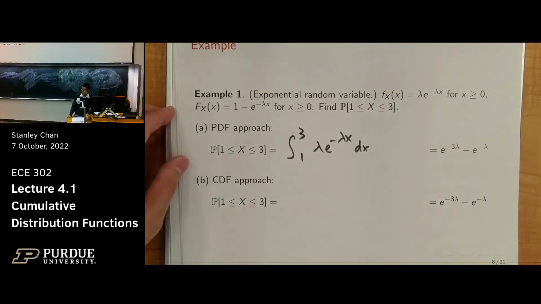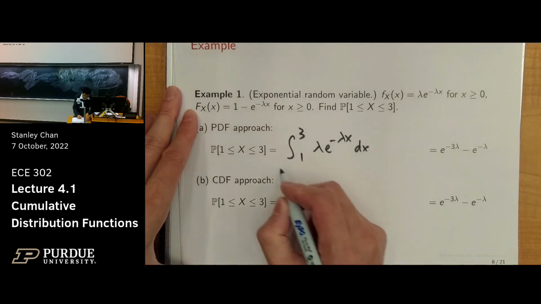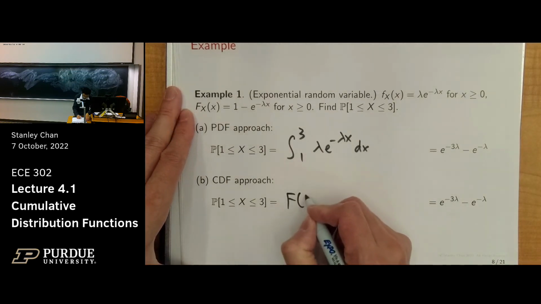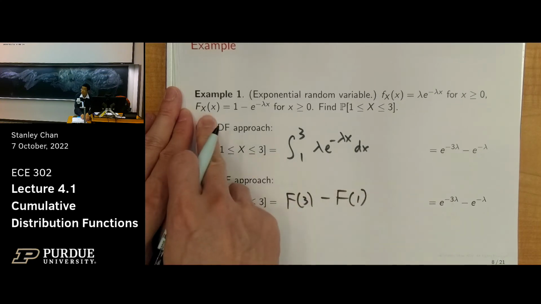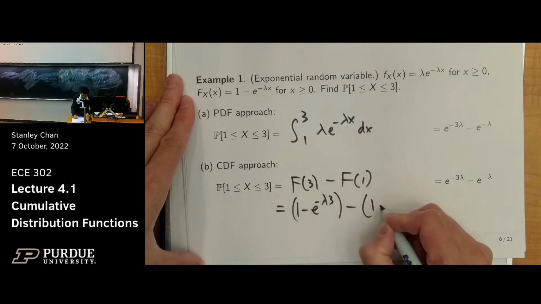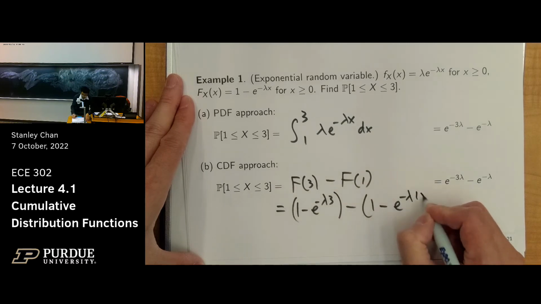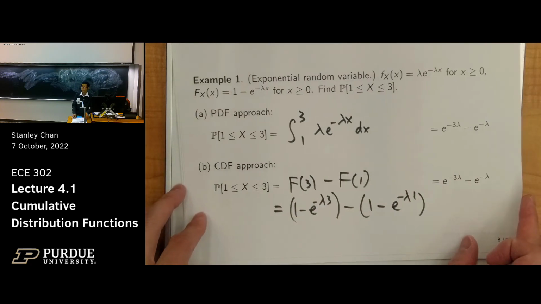Then you solve the calculus and get this result. For the CDF, this is going to be F at 3 minus F at 1. Since the CDF is already given to you, you can plug in: 1 minus e to the minus lambda times 3, minus 1 minus e to the minus lambda times 1. You solve this algebra problem and you get the same result.